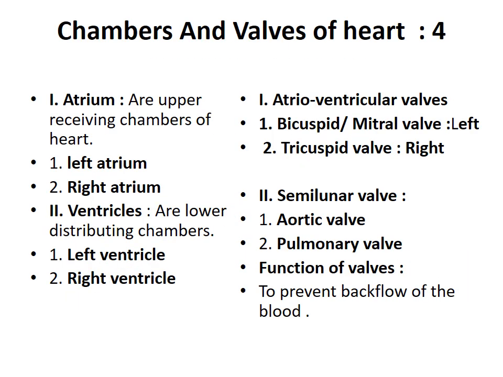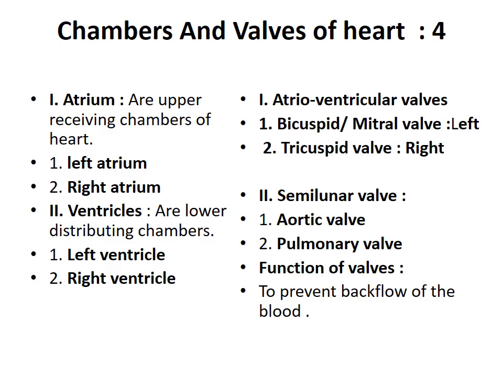Chambers and walls of the heart: the chambers are four in number. Two atria, the left atrium and right atrium, and two ventricles, the left ventricle and right ventricle. The valves are four, of two main types: the atrioventricular valve and the semilunar valve.